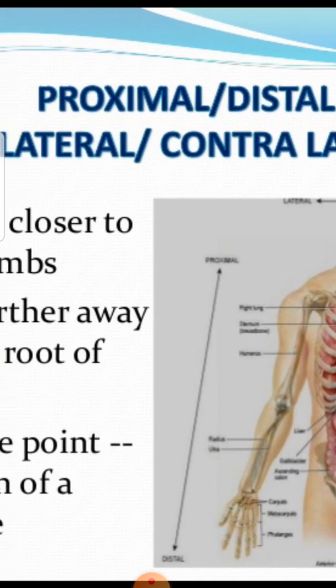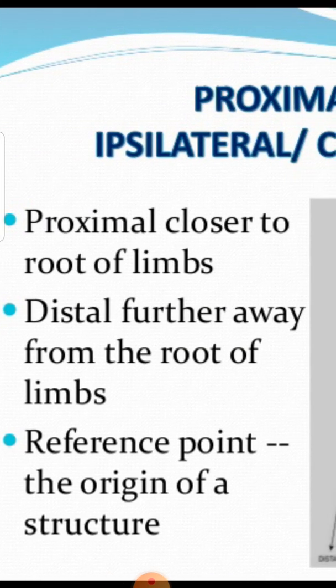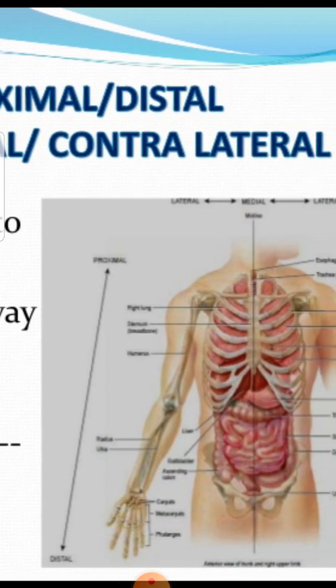Next terminologies are proximal and distal, and I have already told you that proximal and distal terms are basically used for the joints. Proximal will be closer to the root of the limbs.